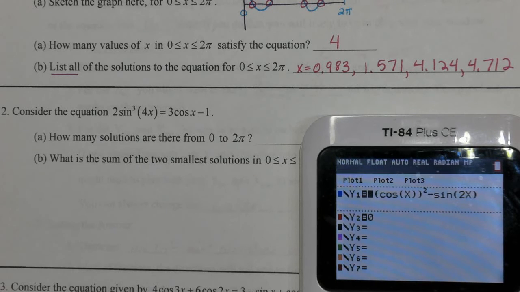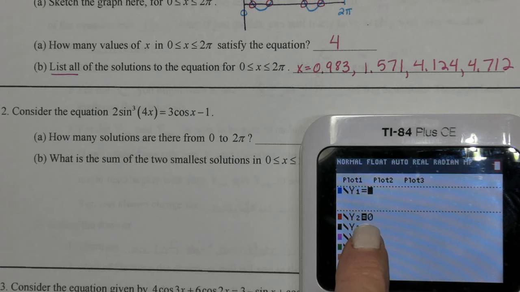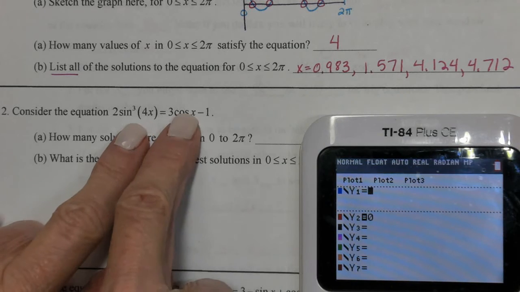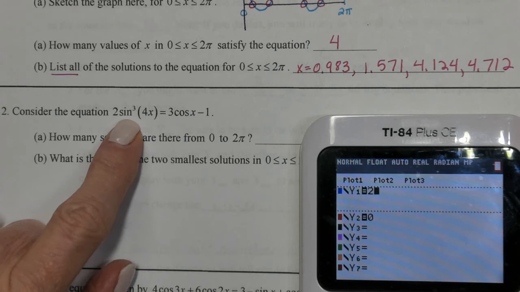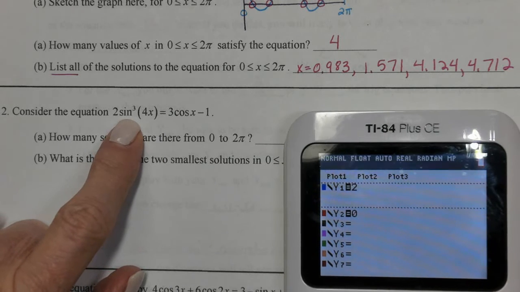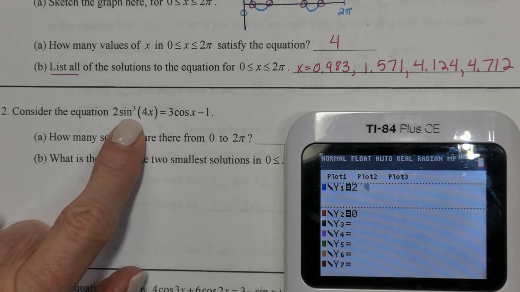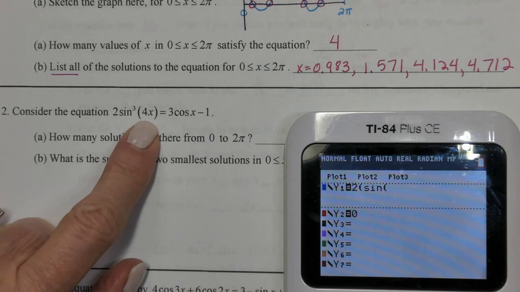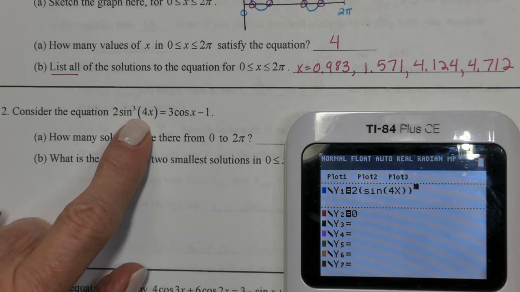Okay, so now I'm going to go to my calculator, clear out that function. I'm just going to leave that 0 in there because I know what I'm about to do. I'm going to type in the 2. So we have to cube sine. So I'm going to put parentheses, sine. The 4x is the argument. So close the parentheses on the 4x, close the parentheses on the sine, and then cube.